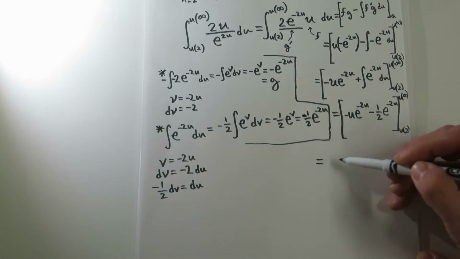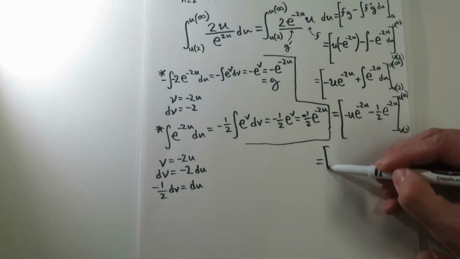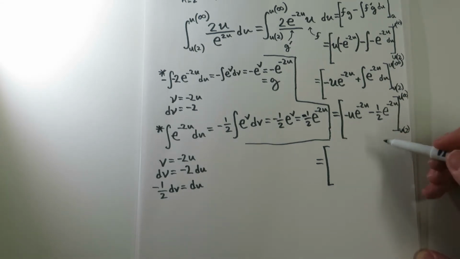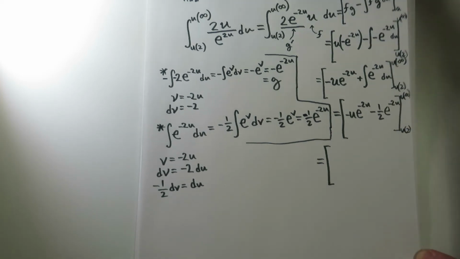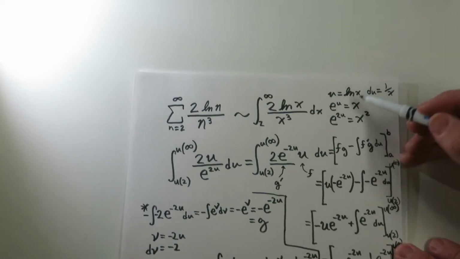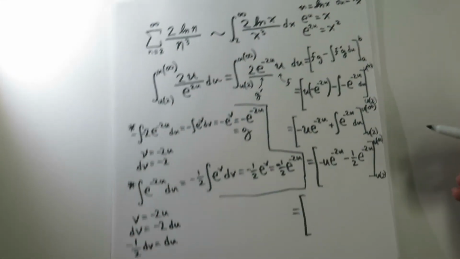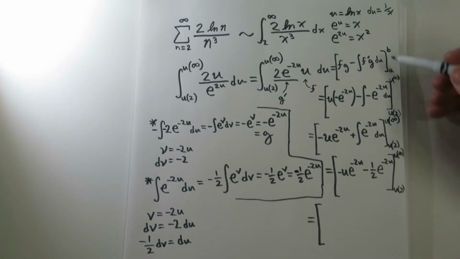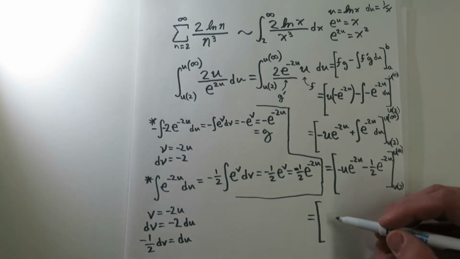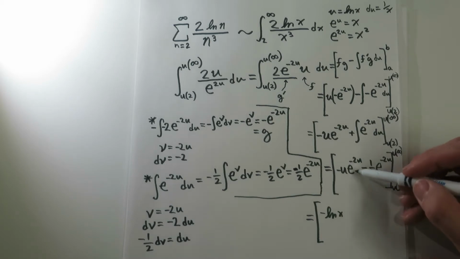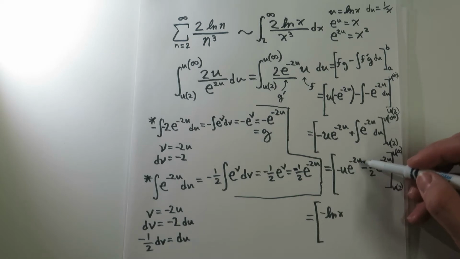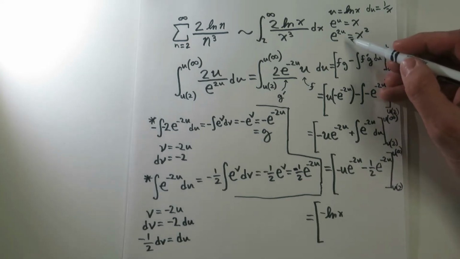This equals, well, this is our negative u. We said that u was ln of x, if you recall. U was ln of x up here. So we're going to put negative ln of x. And here we have e to the negative 2u. Well, this is going to be 1 over e to the 2u, and e to the 2u we said was x squared.